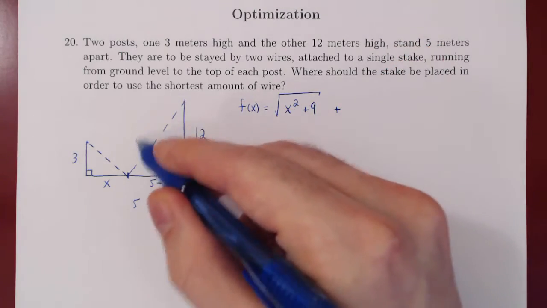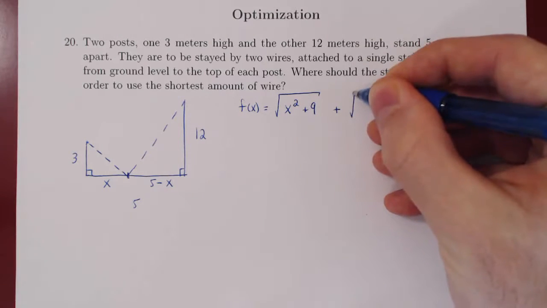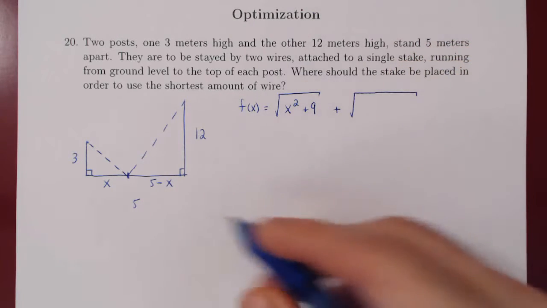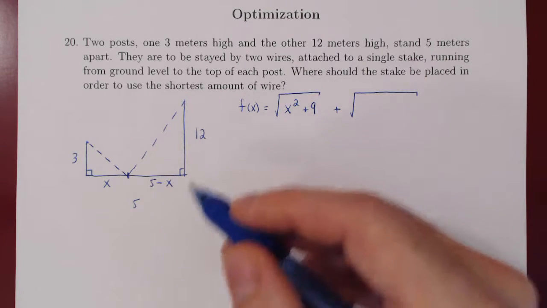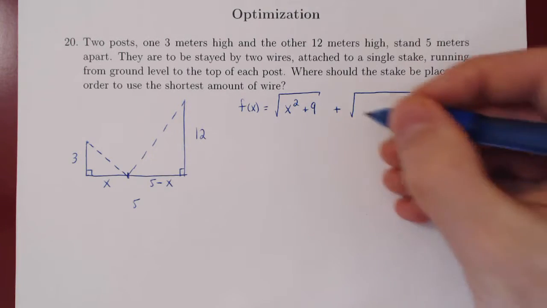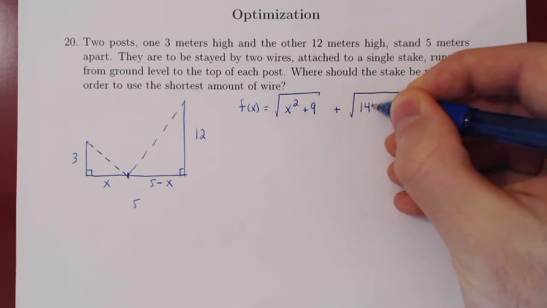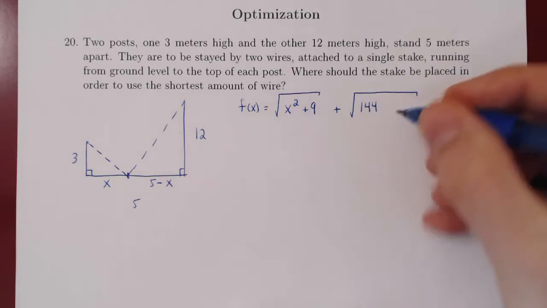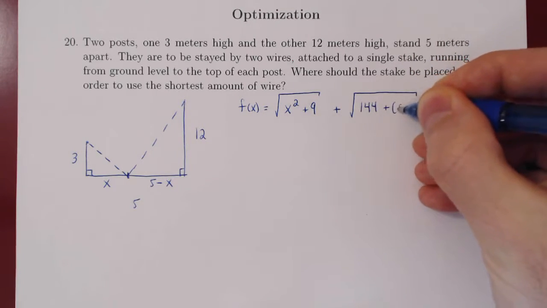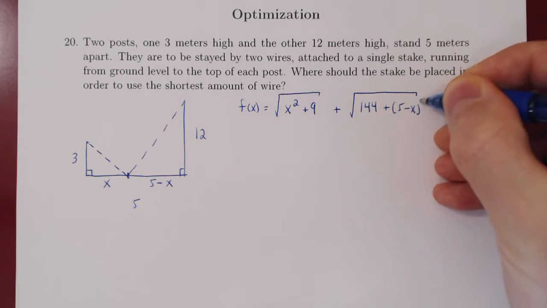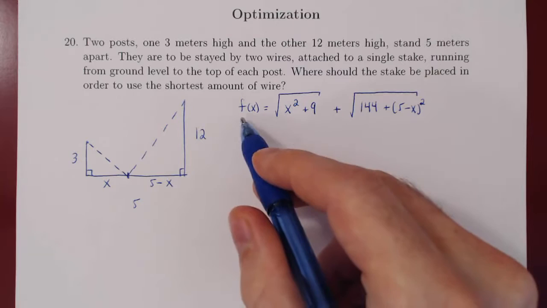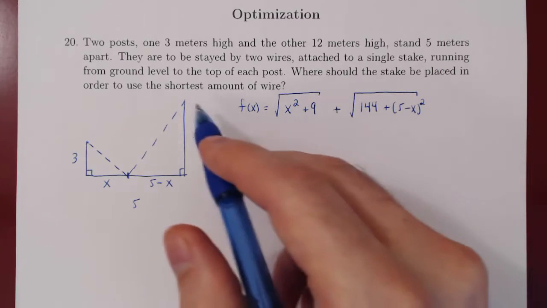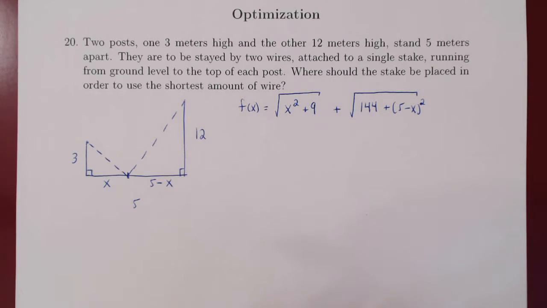Well, again, this is the square root of the base squared, 5 minus x squared, plus 12 squared. 12 squared is 144, plus 5 minus x squared. And so we have now our target function. We will try and minimize this function.